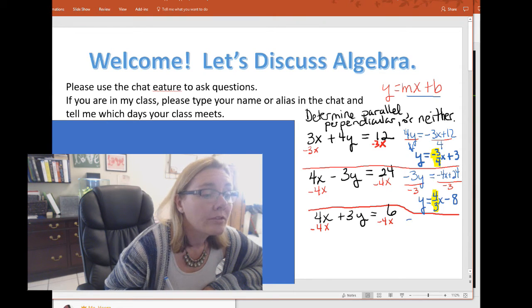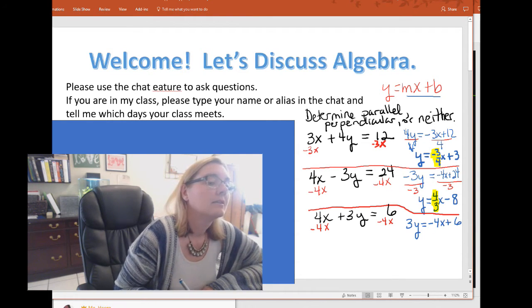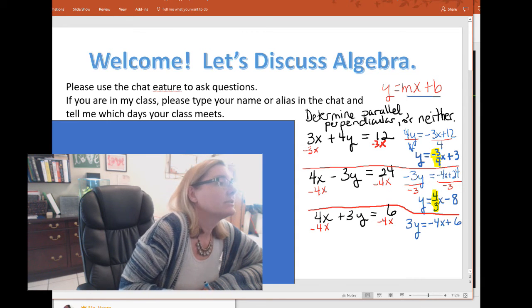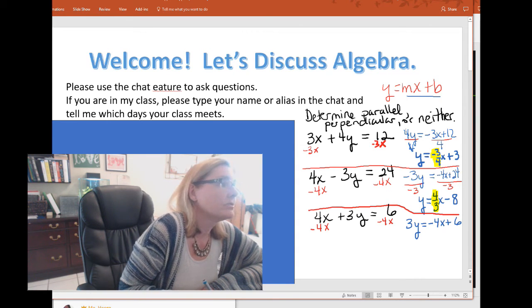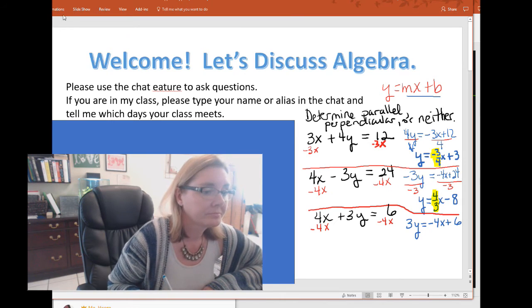I'm going to have 3y equals negative 4x plus 6. Okay, and then the next step is the same. We are going to divide by the coefficient of the y next, always.